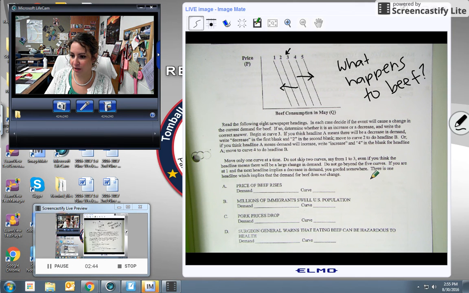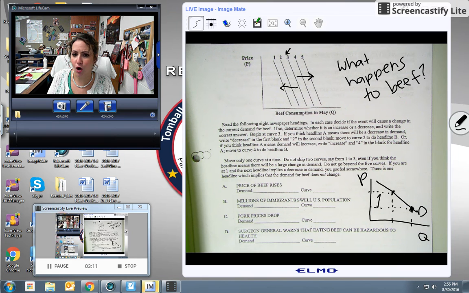So if I have my little graph right here, we have the price, quantity, and here, that's Q. And here's our demand curve for beef. It's up here, but I don't want all the lines to show you. If the price rises from, let's say, this lower point, and it rises and has this upper point, that changes the quantity demanded of beef and how much people buy, but it's not going to change our overall liking or disliking of beef.